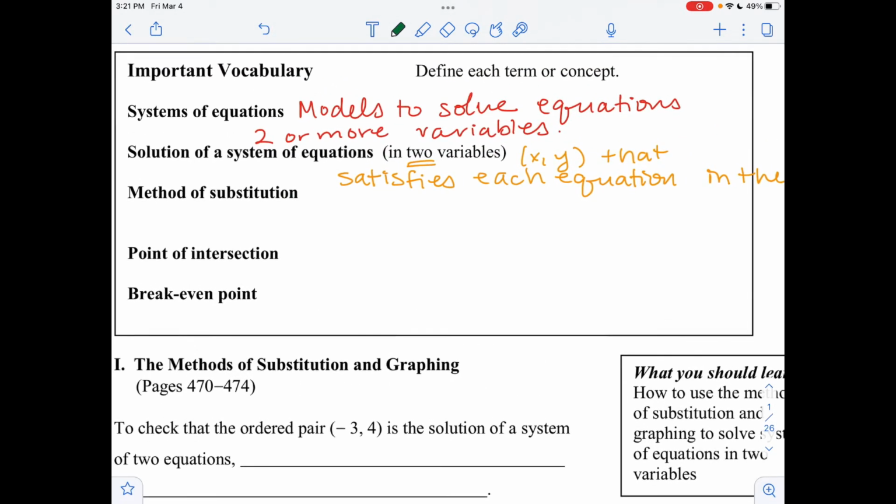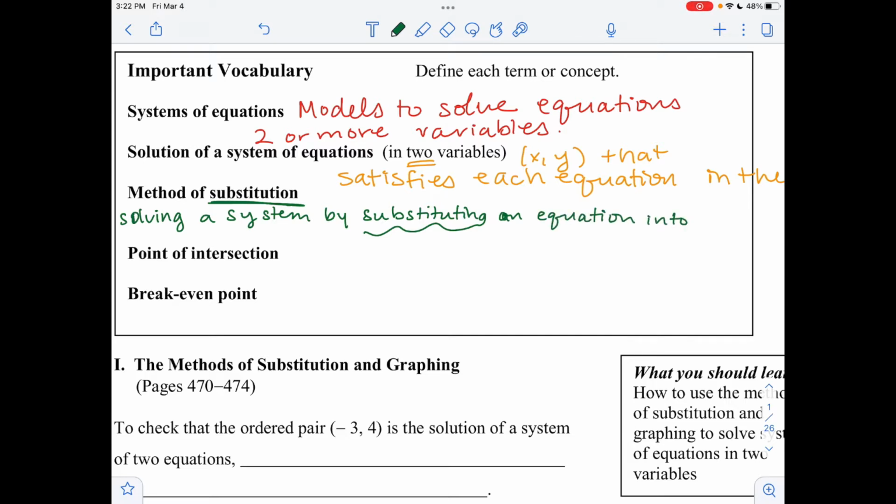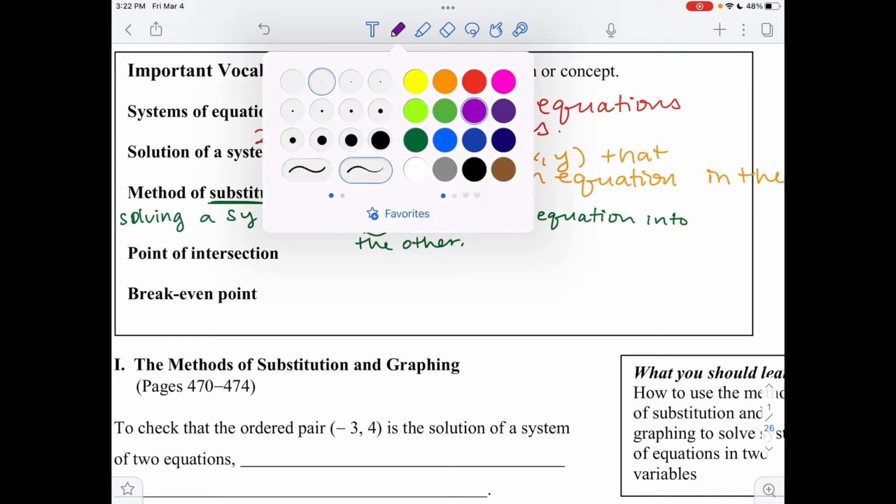So substitution, you probably have used this before, but remember that substitution is a method of solving a system by substituting, which is the reason we call it substitution, one equation into the other equation for the purpose of solving one variable.